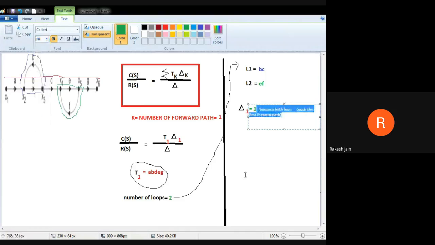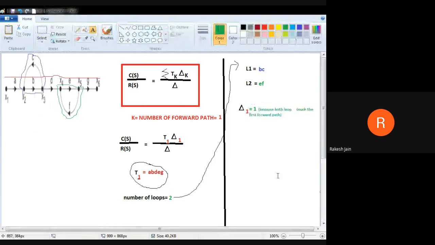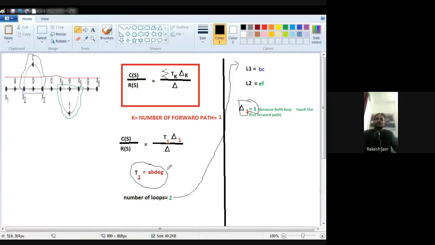Now I encircle it with the pencil, because I have found this del 1 value in the formula. So T1 I found, then I found del 1. Now what is left? I only have to find the value of del. So the next step is how to find the value of del.